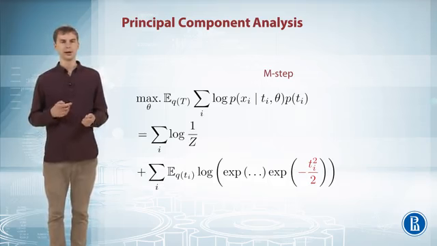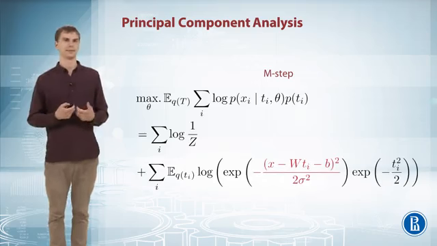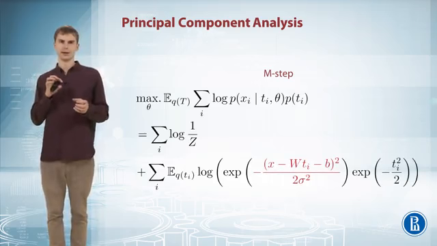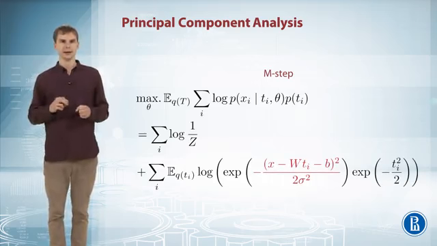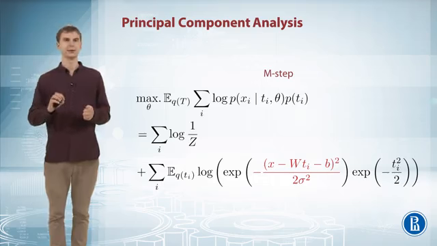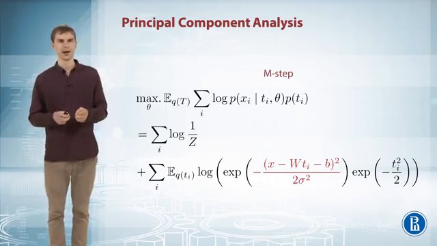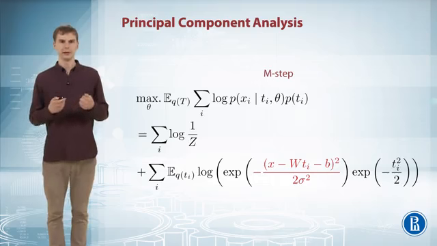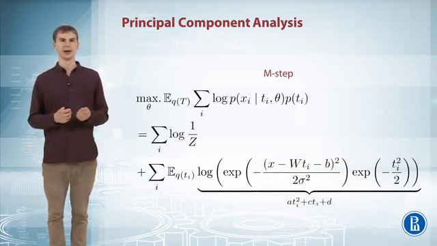And the first exponent is some quadratic function of Ti, which basically measures the distance between the actual point xi and the projection of the Ti into two-dimensional space, or multi-dimensional space in general. So this thing, if you look carefully at it, is some quadratic function with respect to Ti.